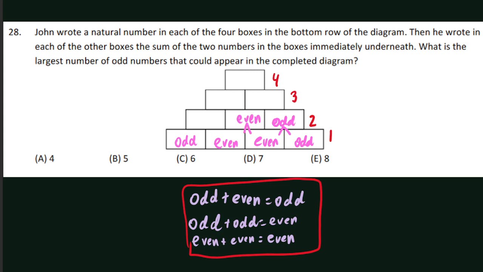When you add odd and even, you get odd. Now when you add these 2, you get odd. When you add these 2, you get odd. And then you get even here. Now, even though this is pretty good, ideally you would want to have an odd number in the top row.